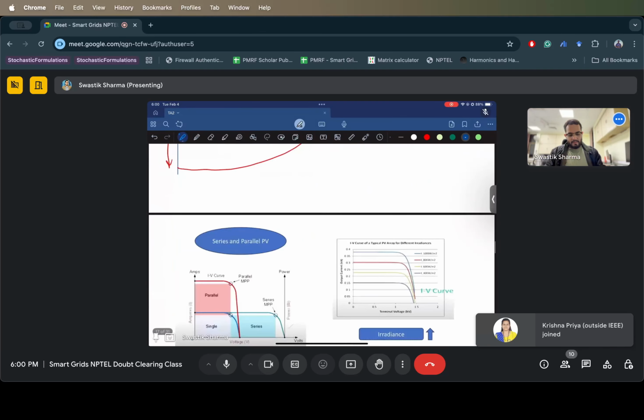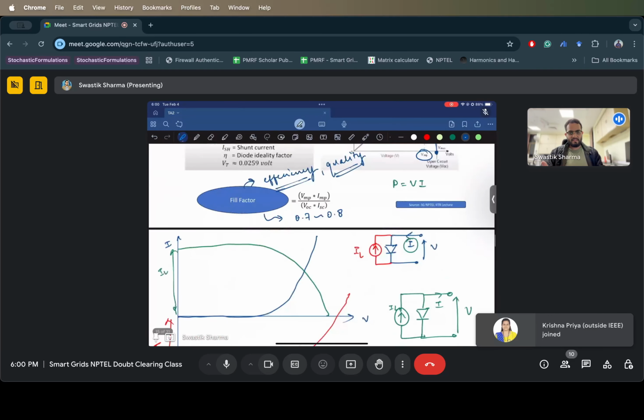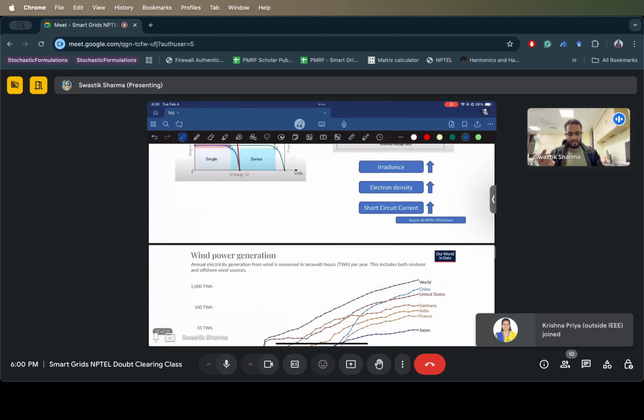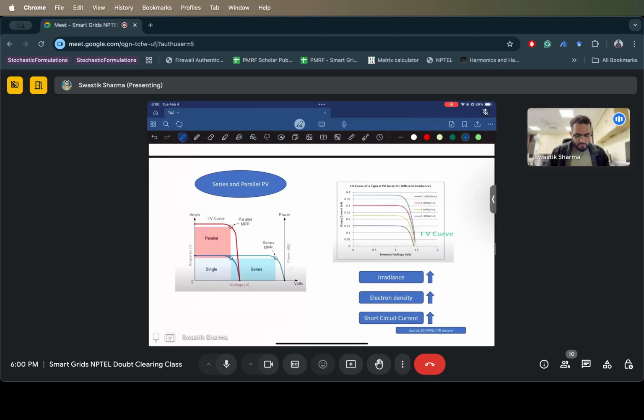Now the arrangement of these PV cells can be either series or parallel. This graph shows a single cell, with an IV characteristic something like this, right? But if I add one more cell in parallel, what happens is we increase the maximum short circuit current we can get from it, and our maximum power point also increases.